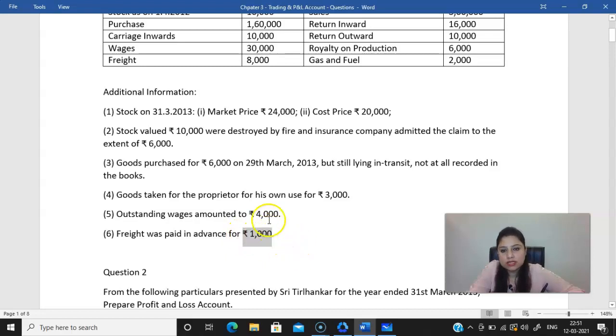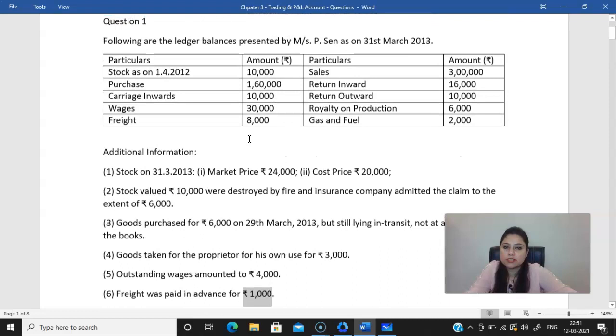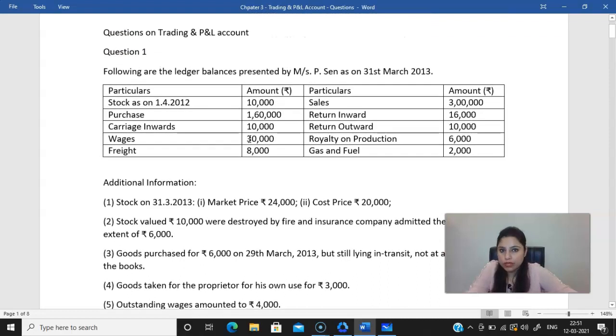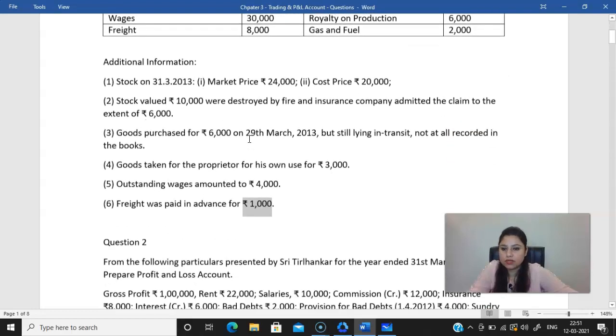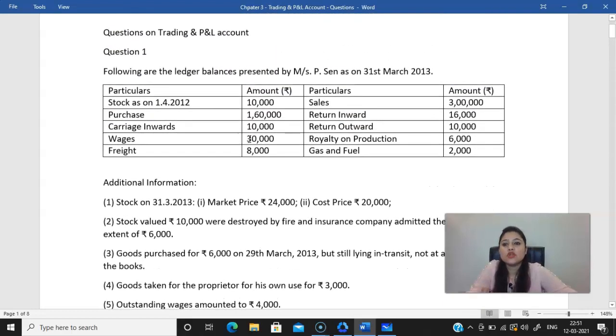So these are the additional information. Above are the particulars, or the components, to be included in the trading and P&L account. On the basis of this, we have to draft the trading account of Messrs. P. Sain as on 31st March 2013.